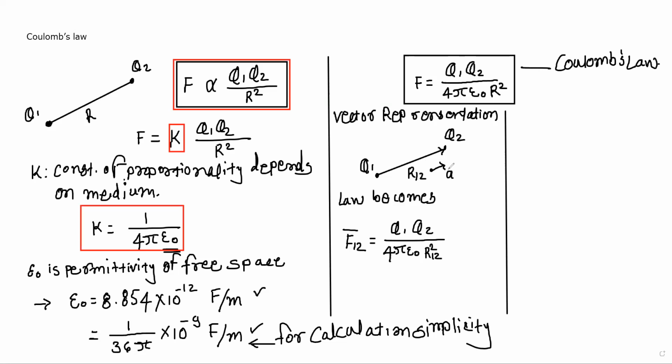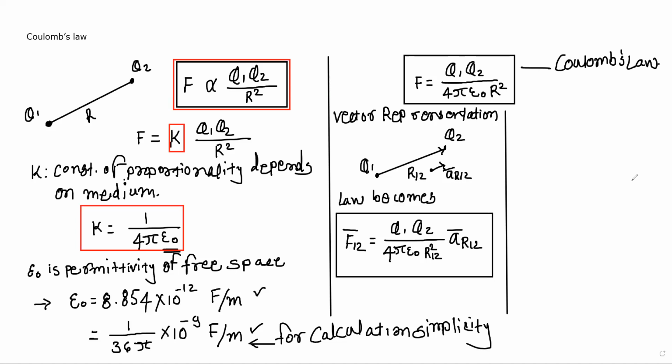So that would be a bar r12, the unit vector in that direction. This is one case. If I want to find the force on Q2 because of Q1, this is the formula, or this is what vector representation is.